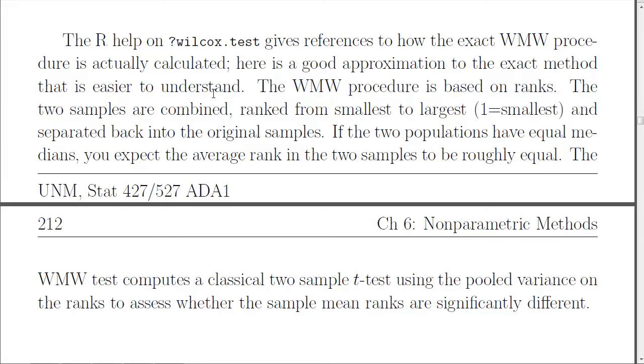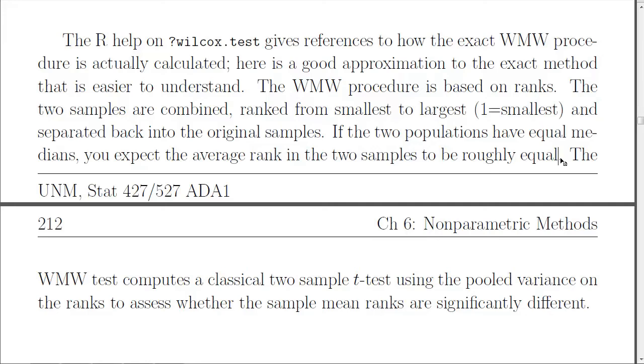But in this case, we're going to combine our two samples, and we're going to rank all the values from both samples from smallest to largest. And then once we have those common ranks, we're going to separate them back into the original samples. If the two populations have the same medians, then the average rank of the two samples should be roughly equal.